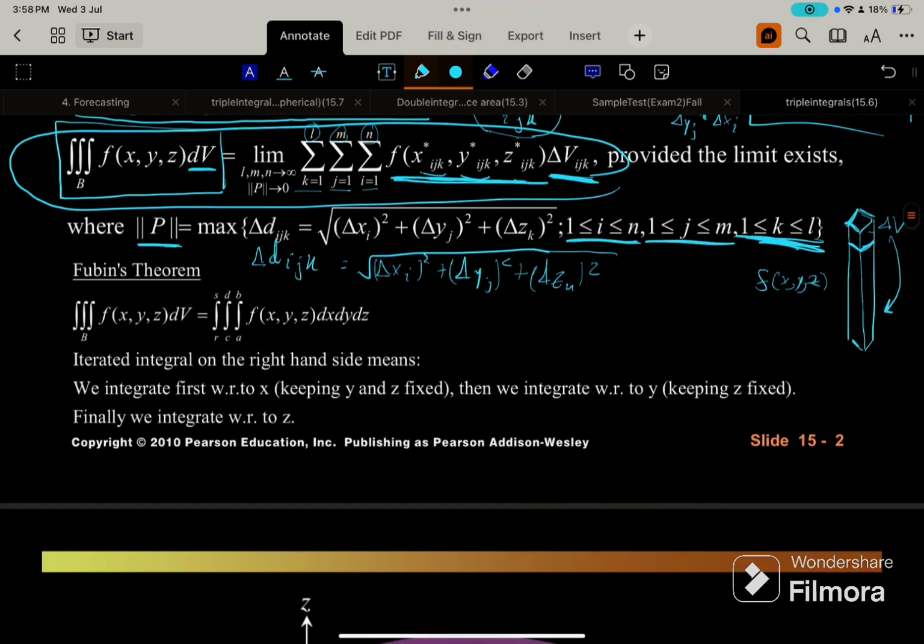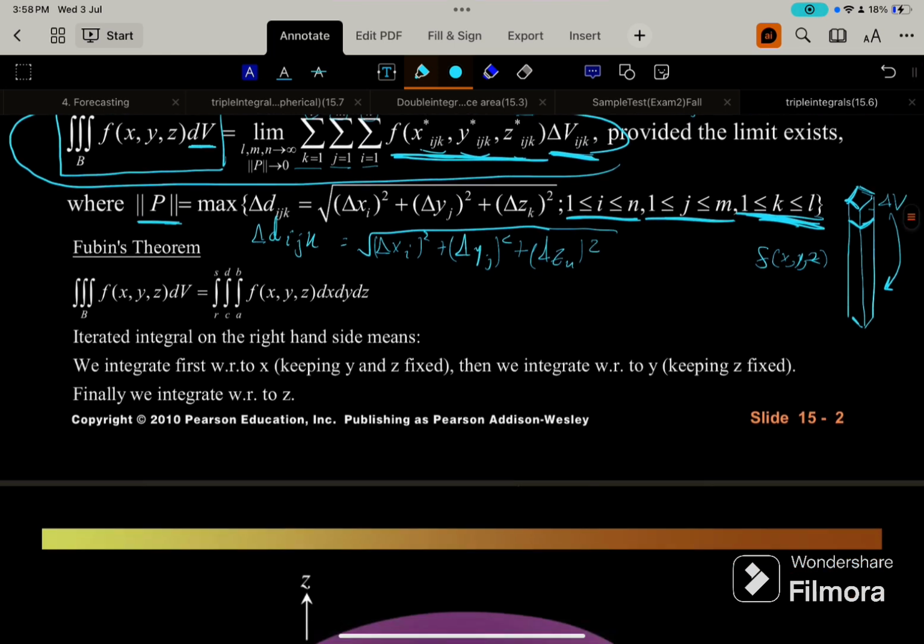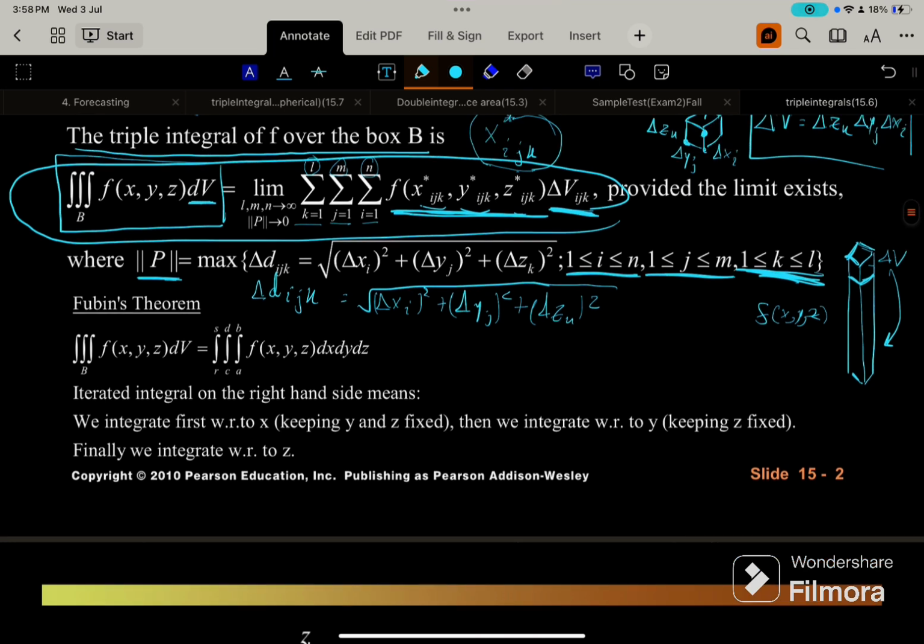And at the end, after doing all of this and defining the integral with the limit, trying to get this value, we're going to reach Fubini's theorem, which is basically this.